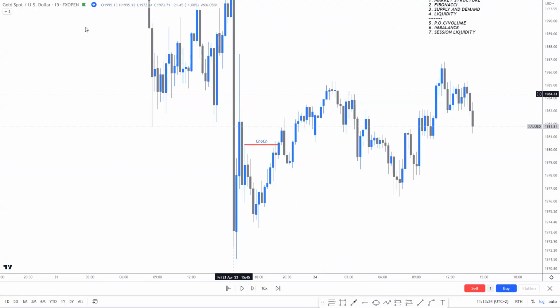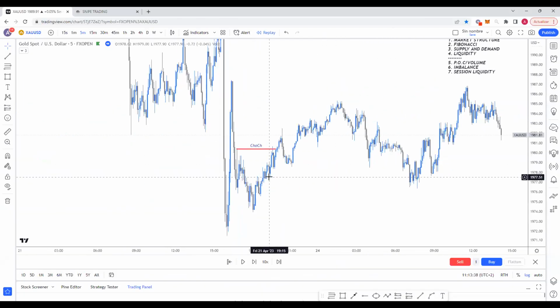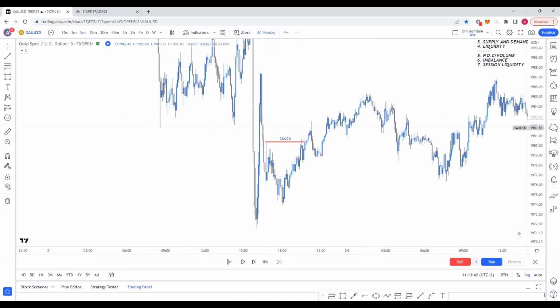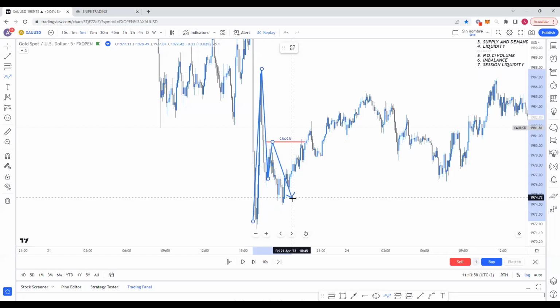On the 15-minute you can't see it too clearly, but if you go into the lower time frames you can see it more clearly. Price went up, down, went up again, then down again. This was the market structure.